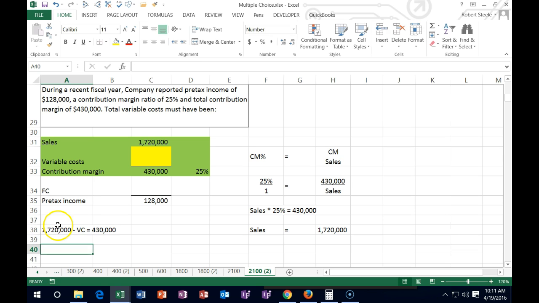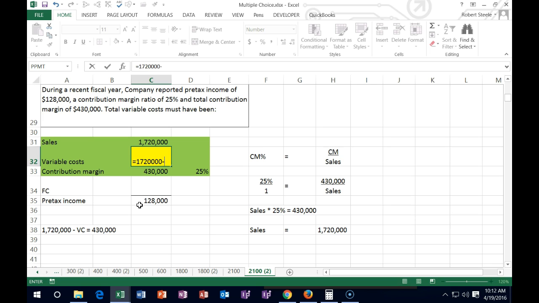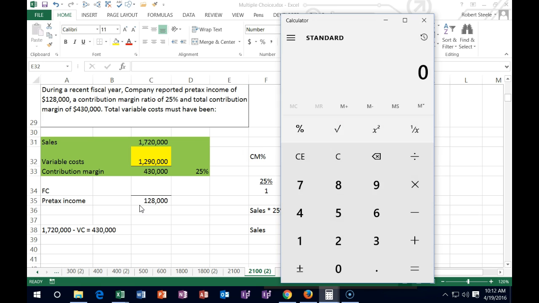So we can then solve for the variable cost, and we can basically see it's going to be a subtraction problem. So I'll just do the subtraction problem here. It's going to be the 1,720,000 minus the 430,000, and that'll give us the 1,290,000.